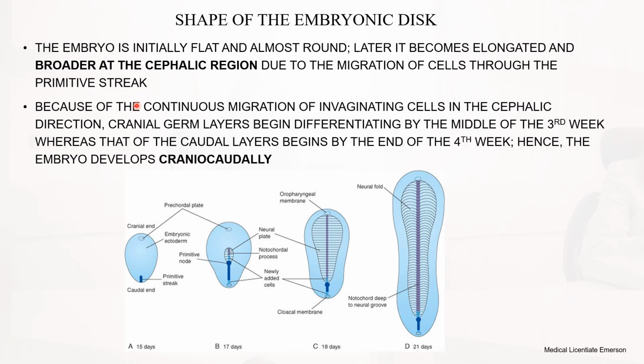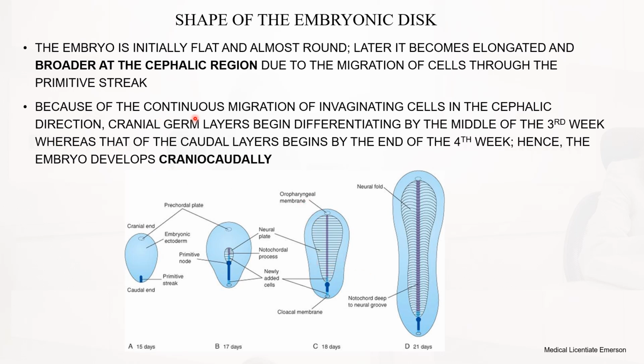So the embryo is initially flat, but due to migration of the cells in the primitive streak, it becomes elongated and broader at the cephalic region.